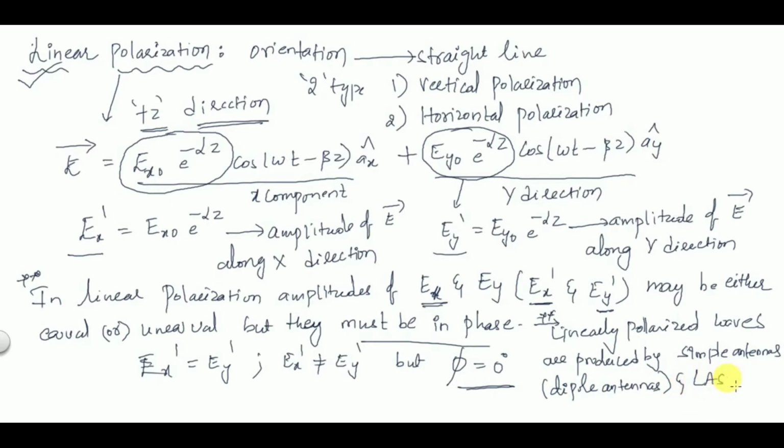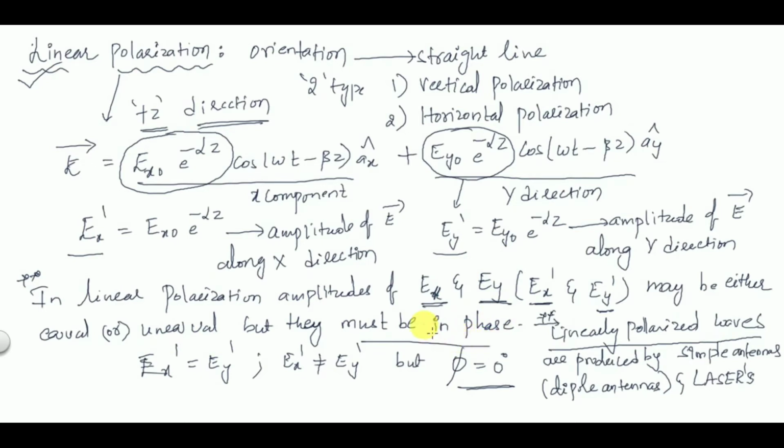The optical signal coming out of a laser is also a linearly polarized wave. Just remember these important points: in linear polarization, the amplitudes of Ex and Ey may or may not be equal, but they must be in phase.